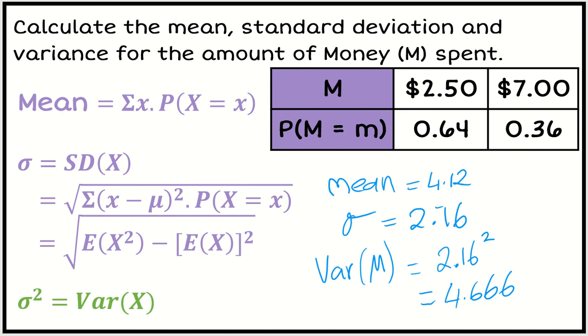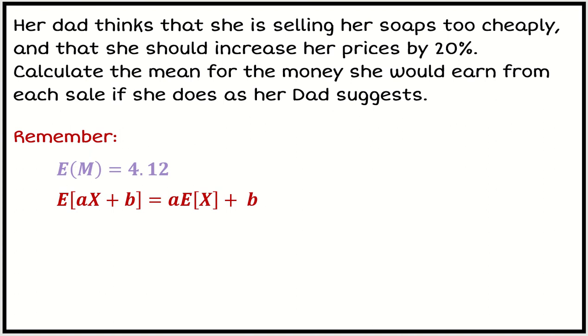Now let's have a look at what we're going to do with this. Her dad thinks that she's selling it too cheap and that she should increase her prices by 20%. We need to first of all find the mean. So there's the expected value we just calculated, and I've got the formula there for the linear combination. What I need to do now is work out what that linear expression is in this case.